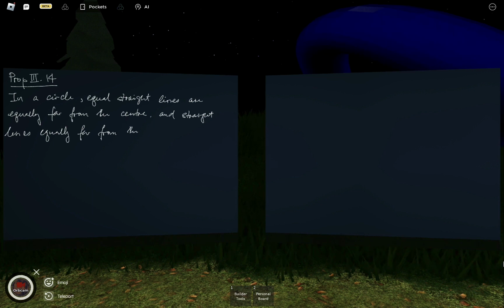So there's a definition I should remind you guys of. What does it mean to be a certain distance from the center? Well, what does it mean to be equally far from the center?